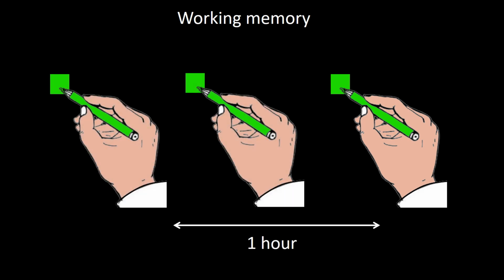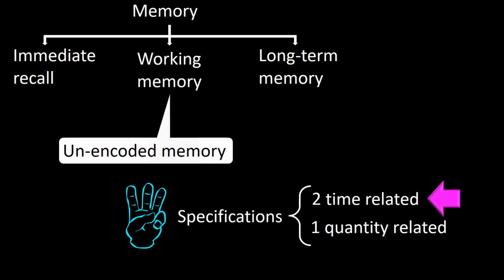The memory that the first square was painted green would be kept for 1 hour, 2 hours, or longer. In this case, the recalling of the first color use is kept at the working memory. Those are the two time-related specifications for working memory.